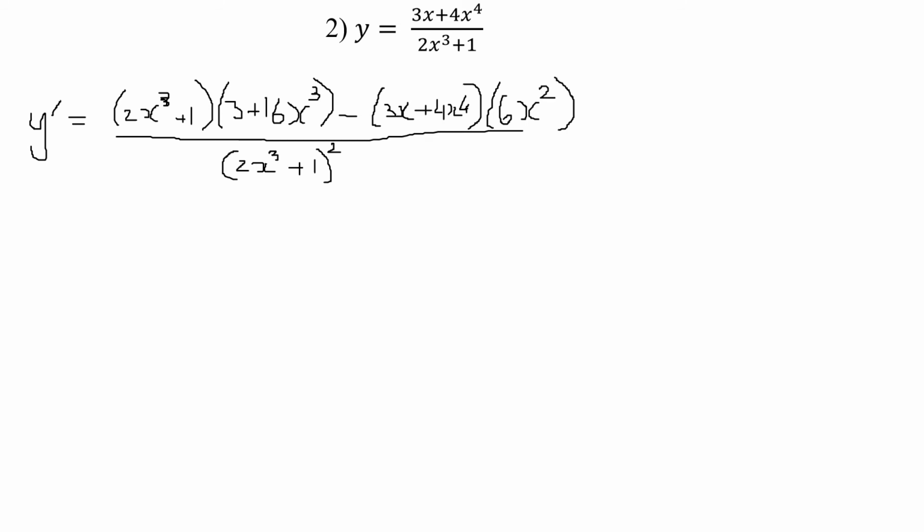Remember, the 3 goes by the 2, 3 times 2 is 6, and we minus 1 from the 3, that gives us the power of 2. From our first video on the power rule, we know that once we differentiate a constant, it becomes 0. So there's no need to put 6x squared plus 0. And this here is the end of the differentiation.